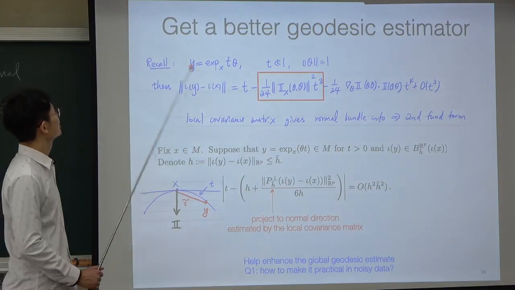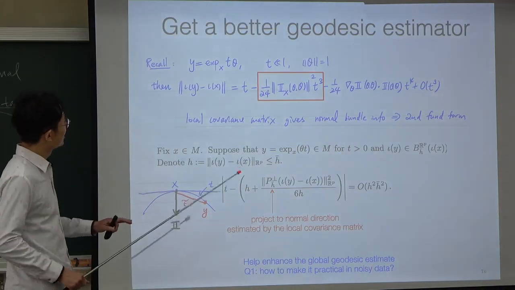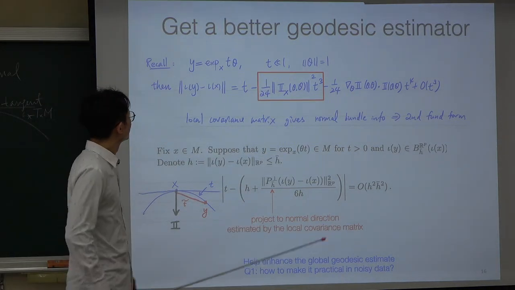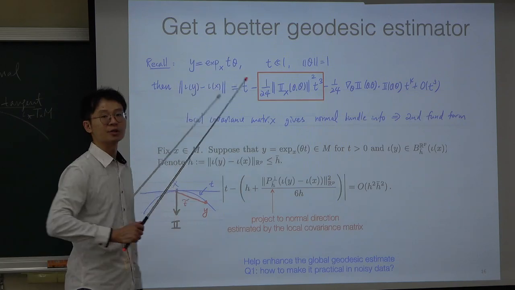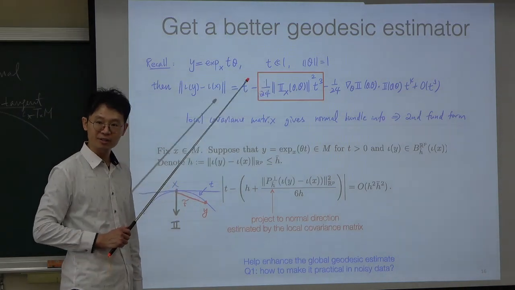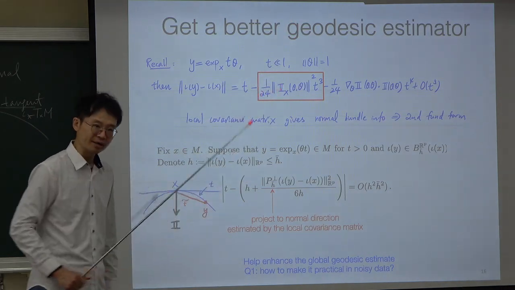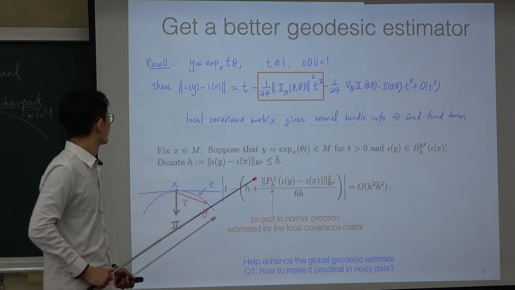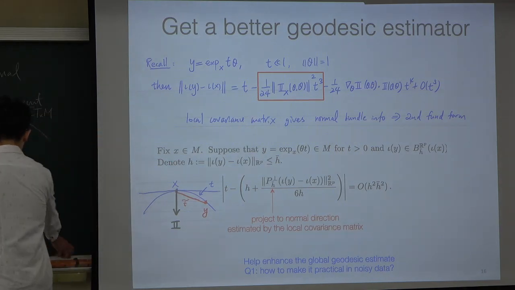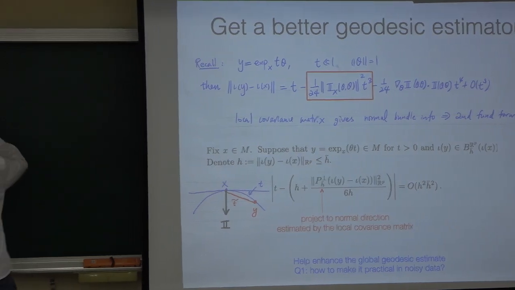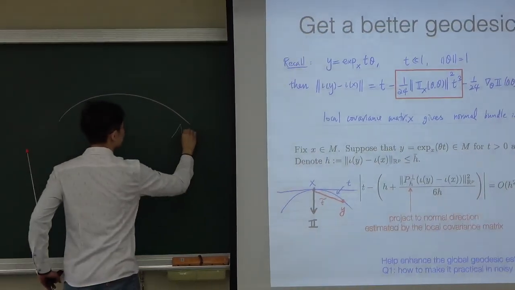Okay, and this is a slight digression, but an interesting fact: you can actually use the covariance matrix work we have discussed to design a better geodesic estimator. Traditionally, as I mentioned, we do not have access to the manifold.